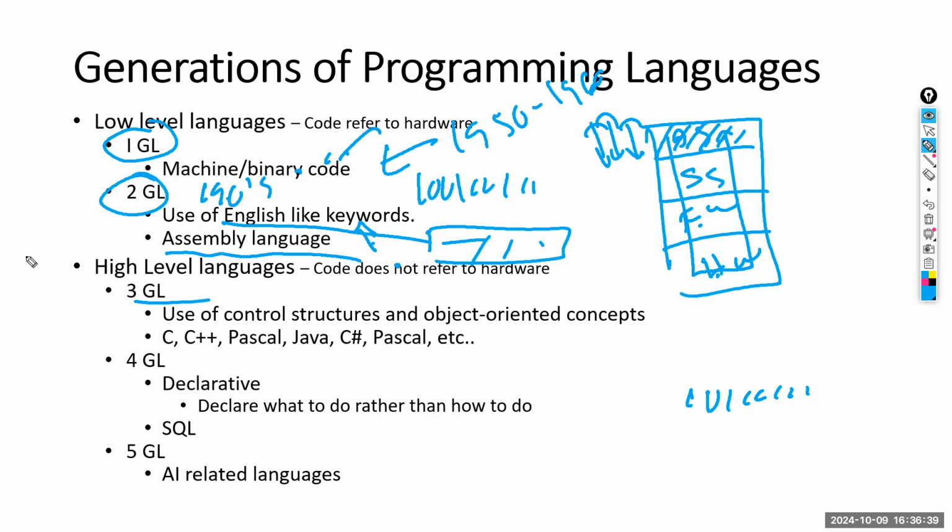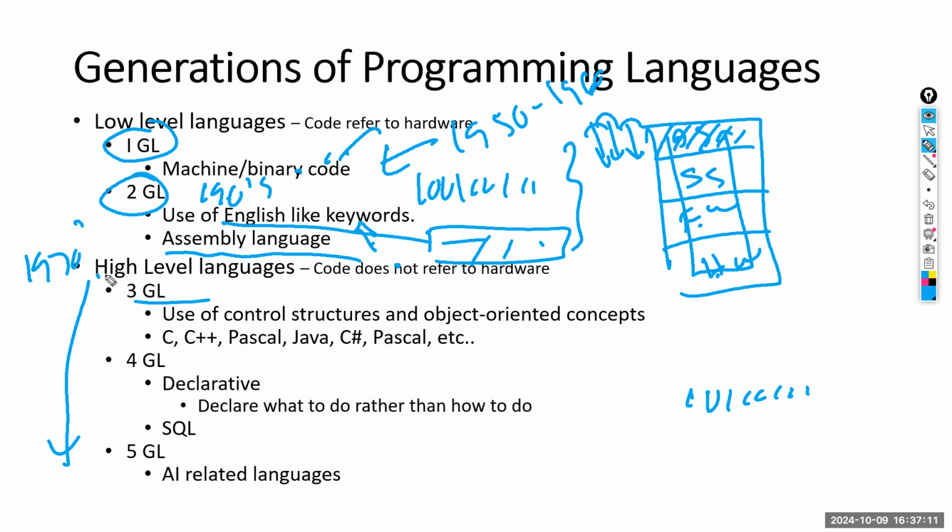And in the 1970s, we moved to high-level languages. High level means we don't need to be interested in hardware resources and so on. Of course, hardware is still used, but when you write the program, you don't need to think about the hardware. So that happens from 3GL above.